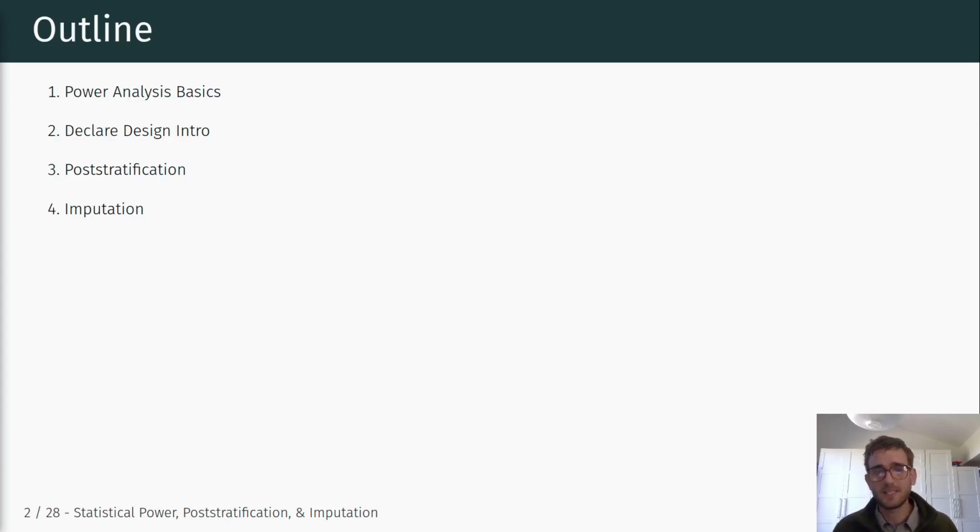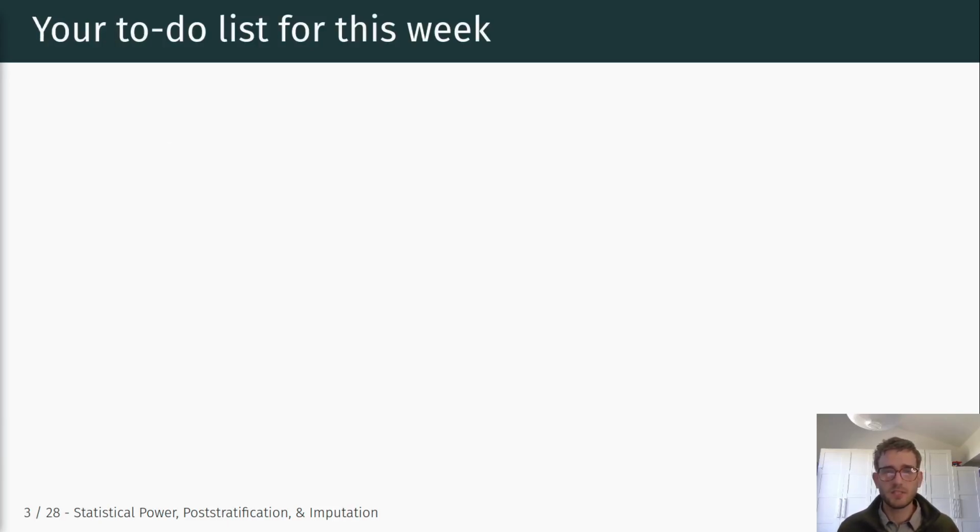For example, taking care of missing data through multiple imputation and checking the robustness of the results could be one interesting avenue to go with your application project. Okay, so those are the videos that I'm going to prepare for this week.